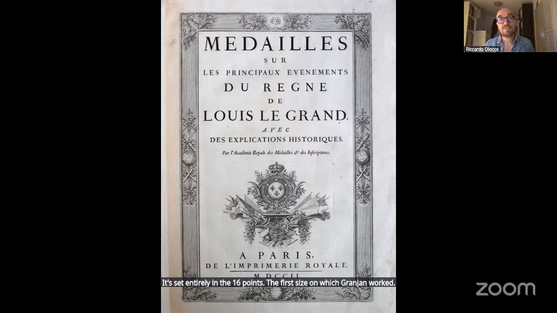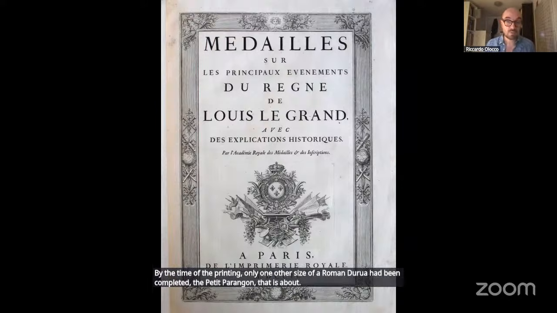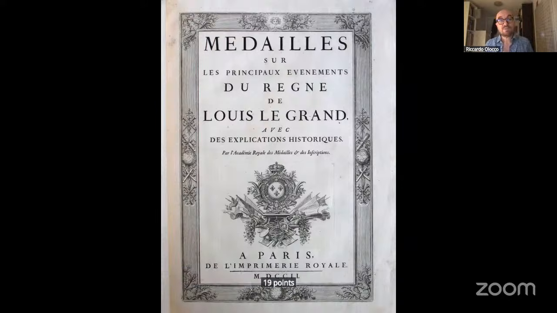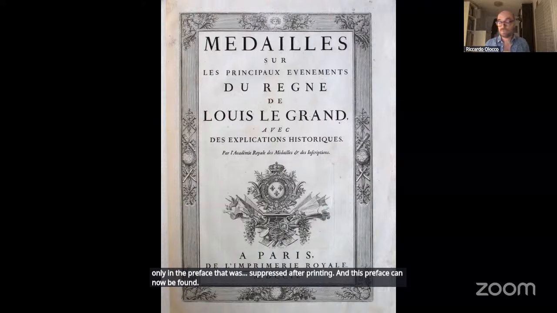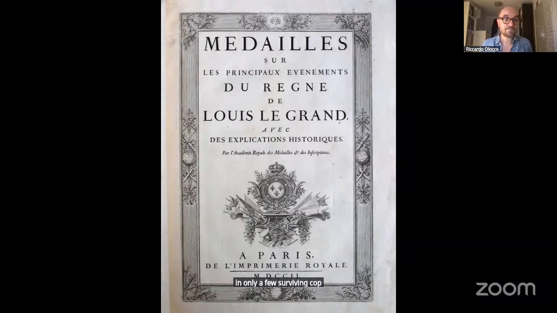By the time of the printing, only one other size of the Romain du Roi had been completed, the Petit Parangon, that is about 19 points. And the Petit Parangon was used only in the preface that was suppressed after printing. And this preface can now be found in only a few surviving copies of the book.